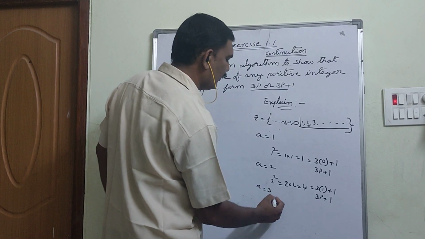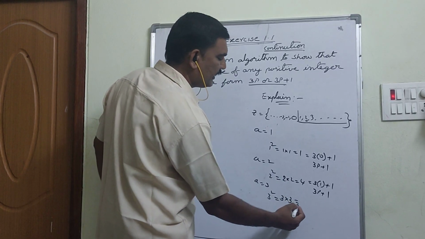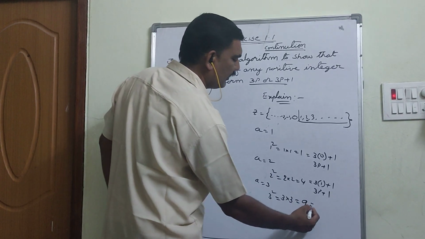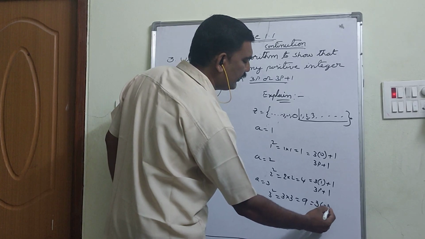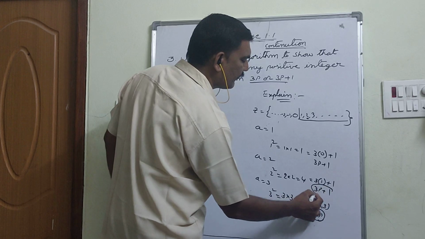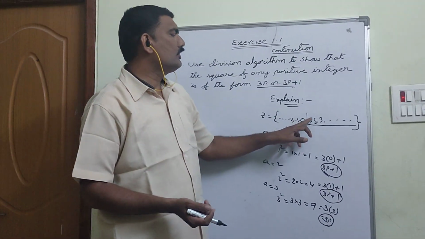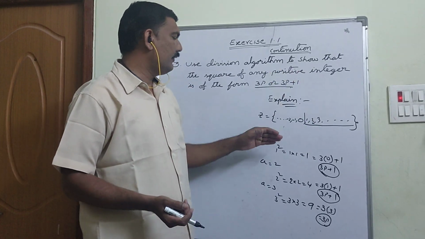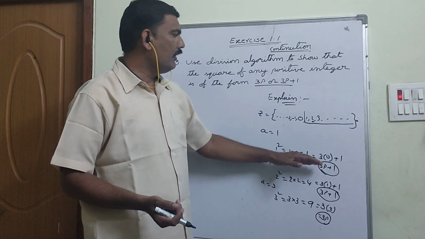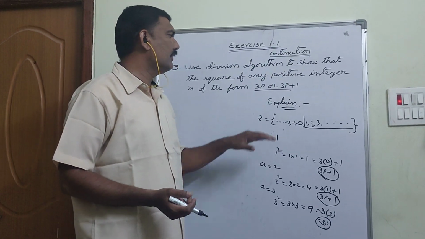If you take a is equal to 3, it is 3 square, 3 into 3, it is 9. 9 can be written as 3 into 3, that is, it is of the form 3p. So you should understand that squares of positive integers will all be either in the form of 3p or 3p plus 1.